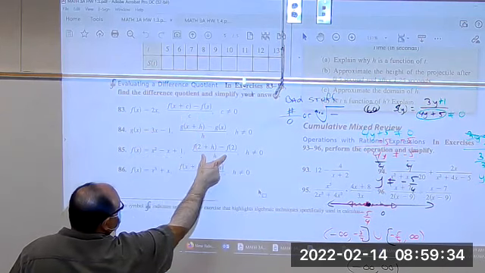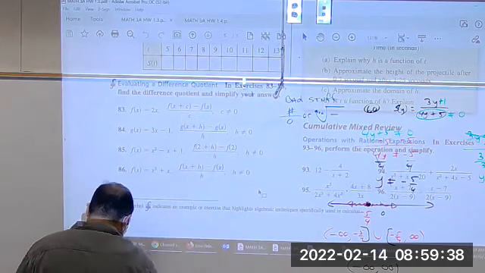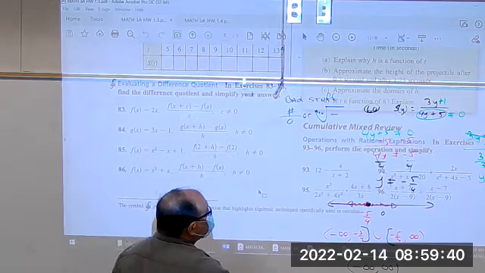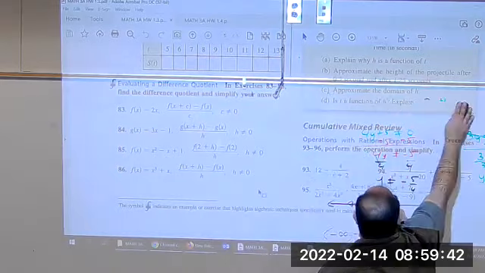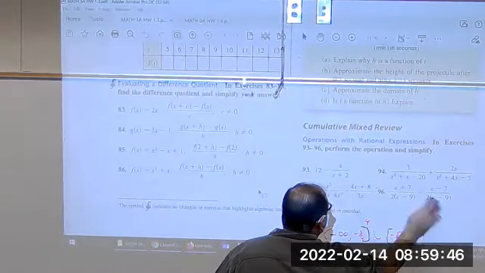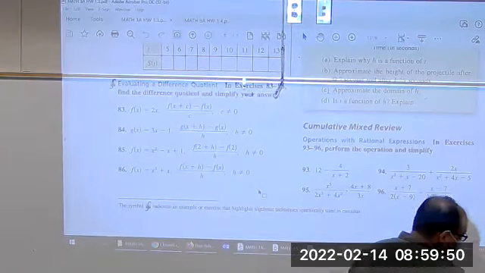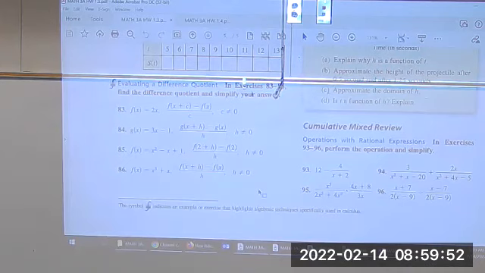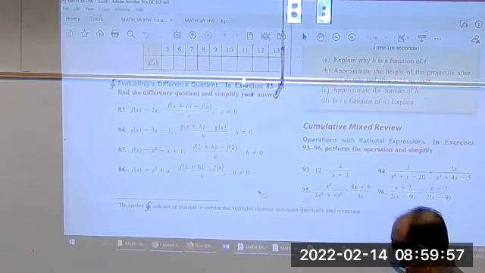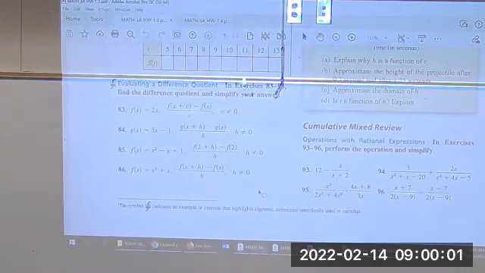And they want you to do f of 2 plus h minus f of 2 all over h. So what do you all see? Page 35. 85, of course.